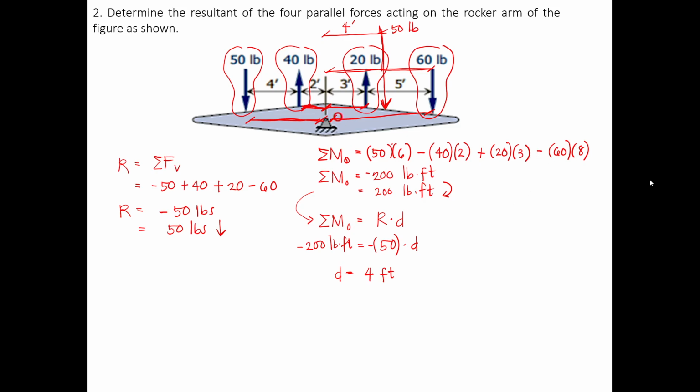Again, if we try to sum up our solution, first we got the resultant of the vertical force, the summation of forces vertical. Then we took moments about a point O using the component forces or the individual forces. And then we got the distance by using the moment about point O through the resultant force.